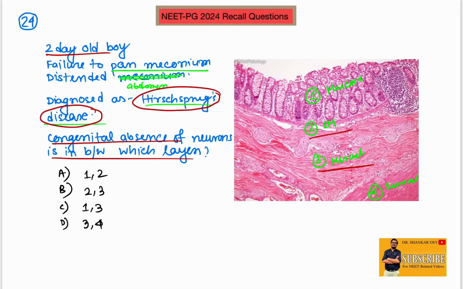So absence of ganglion cells in these two plexuses, Meissner's and myenteric, causes Hirschsprung disease, and the boy failed to pass meconium for this reason. So the answer will be 2 and 3, submucosa and muscularis layer.